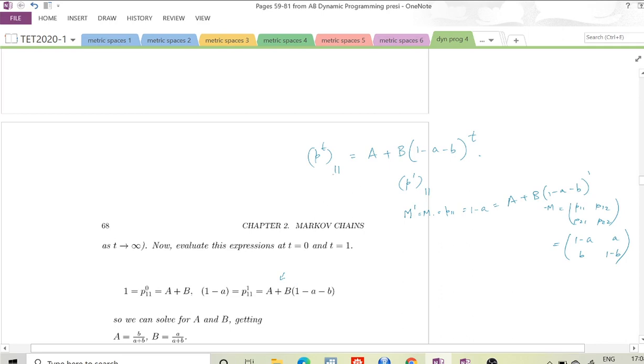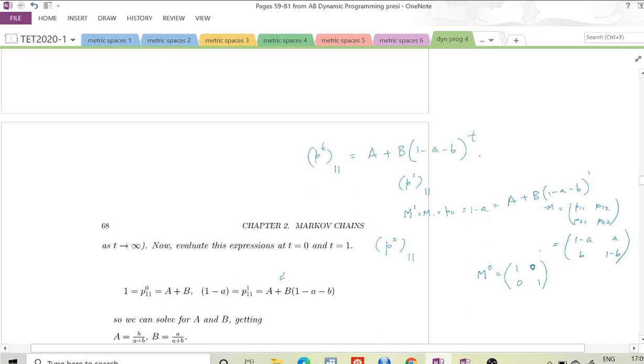And again, using this relationship, for the M raised to the 0 matrix, P raised to the 0, 1,1, what will that be? So for any matrix, M raised to the 0 will be the identity matrix, right? So I have made 0 maps using my function.